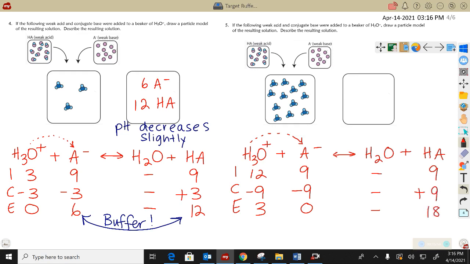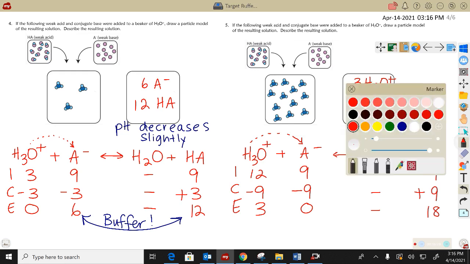18. All right, so what's present in the final solution? And if you want to draw them, that's fine. Otherwise, you could just make a note. There would be 3 H3O+ and 18 HA. All right, so let's see if we can further describe the resulting solution.